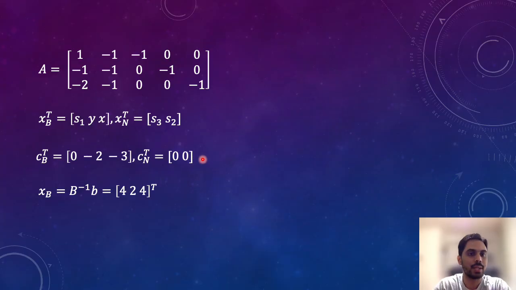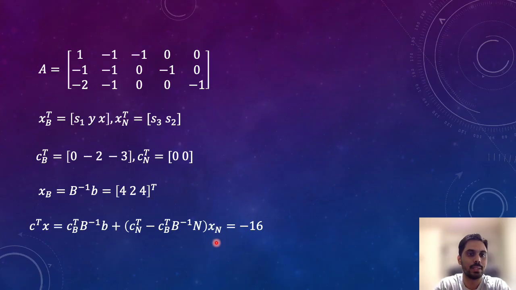Now using this, we can also compute our final objective. If you remember the formula correctly, it will be something like this. It is CB times XB, which is B inverse b, plus the reduced cost of Xn times Xn. Okay, so this Xn is already 0, so we don't really need to worry about the second term at all.